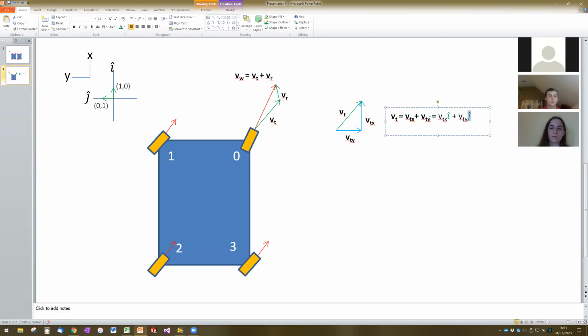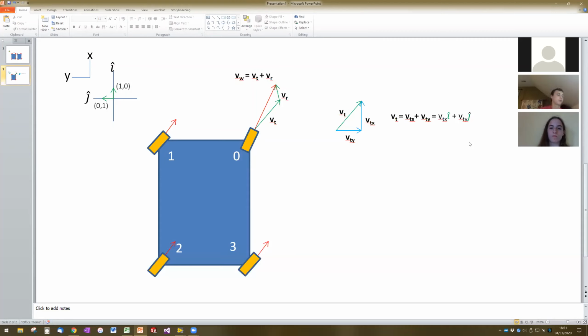And so it's another way to write Vtx, the vector, plus Vty, the vector. Are there any questions or concerns about this use of unit vectors and splitting things down into a scalar and a unit vector? Okay, awesome.